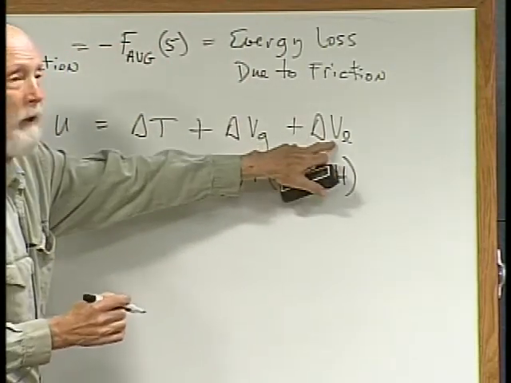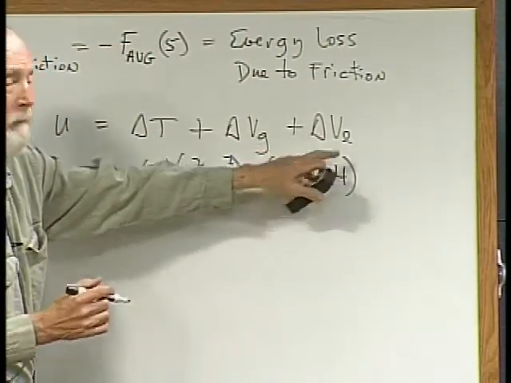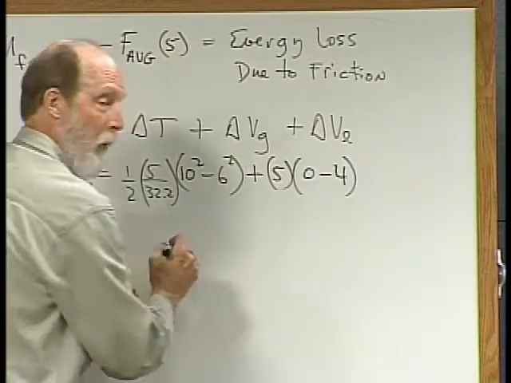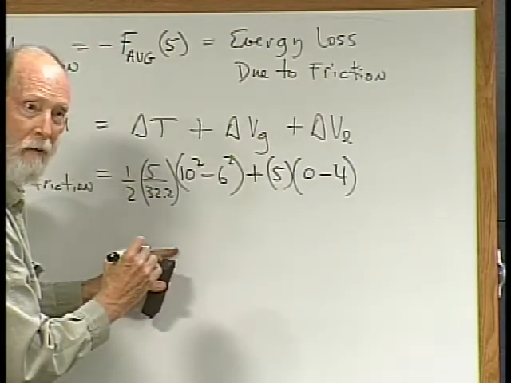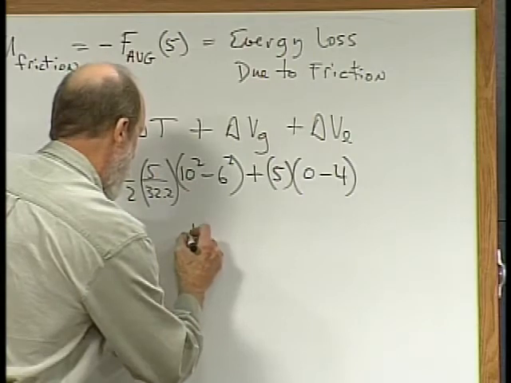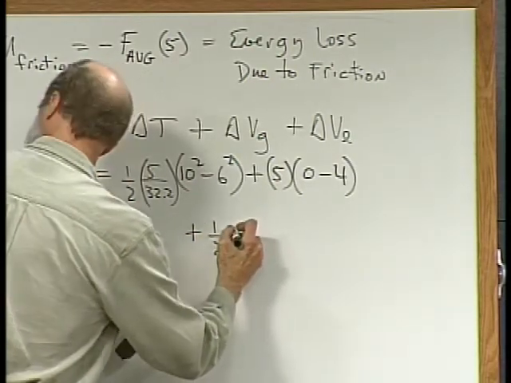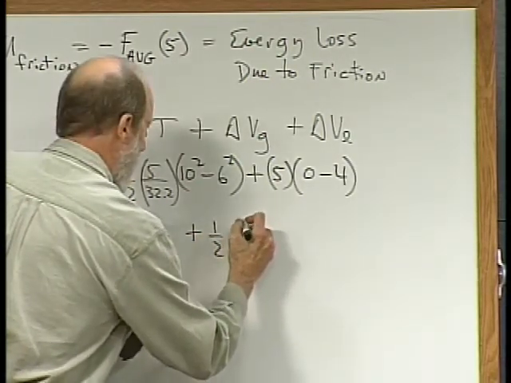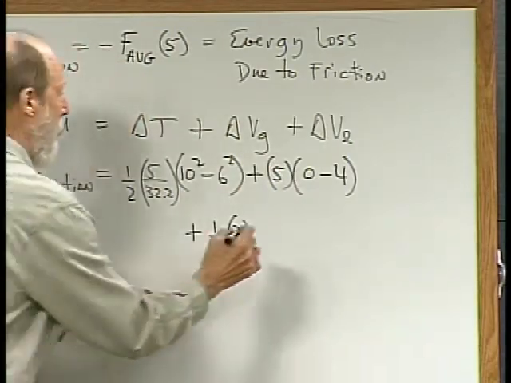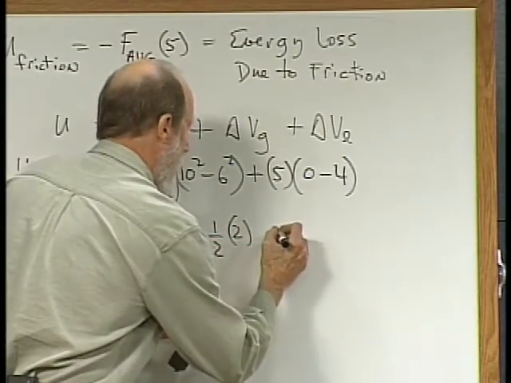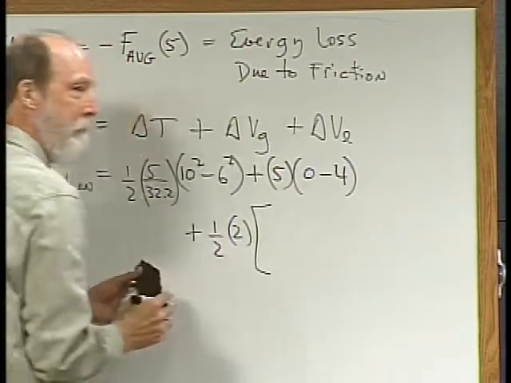Plus the change in the elastic potential. You remember what that is as an expression? 1/2 K change in spring length squared, and K is 2 pounds per foot, times the final minus the initial.